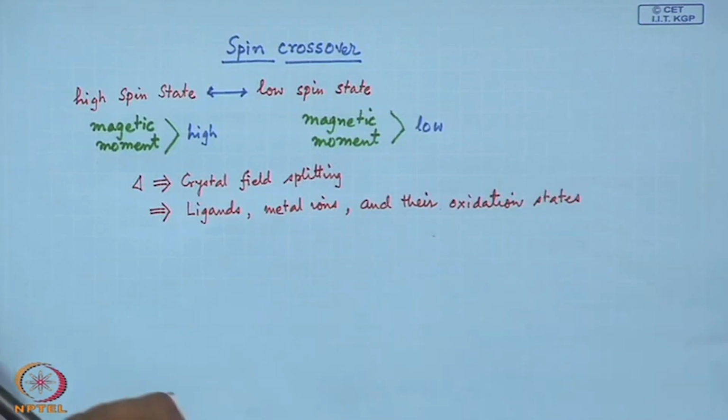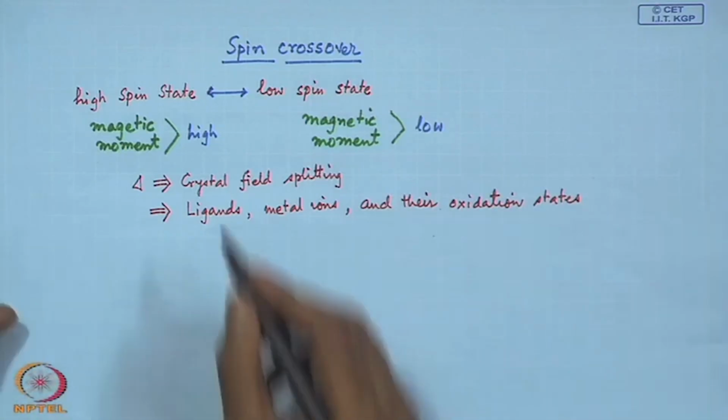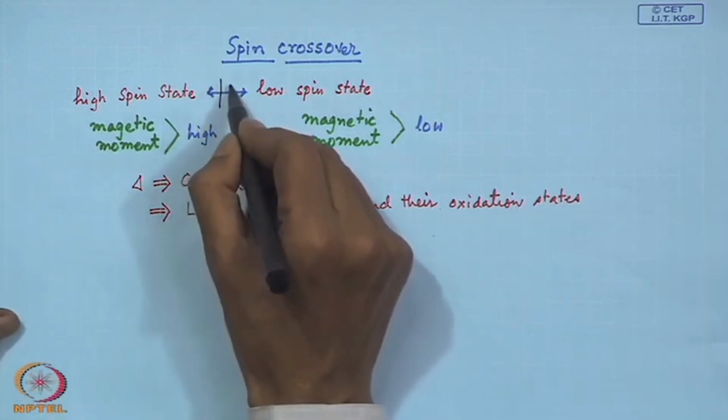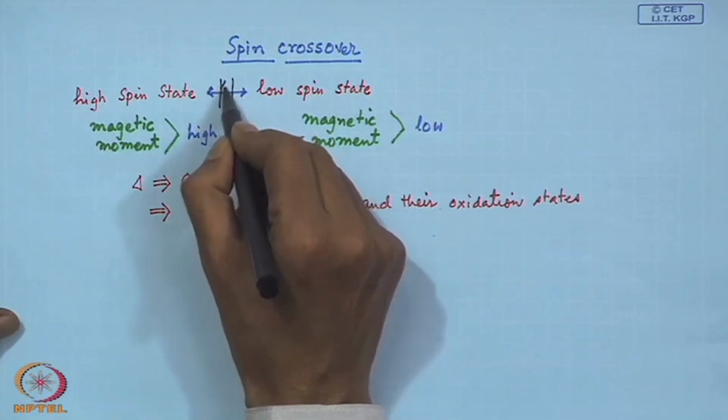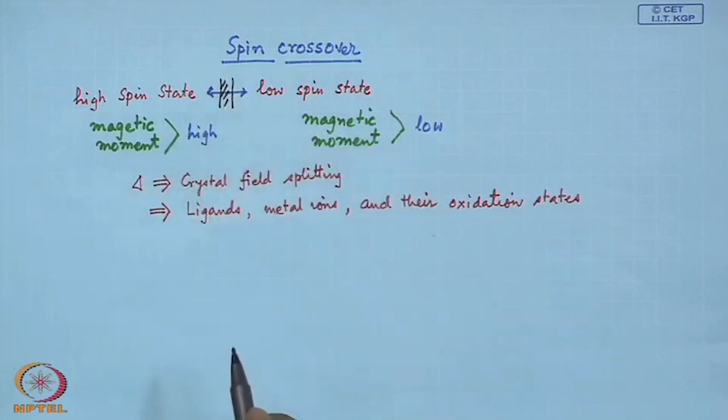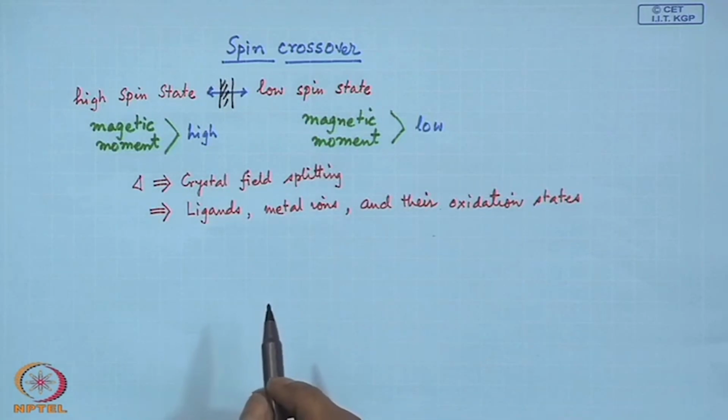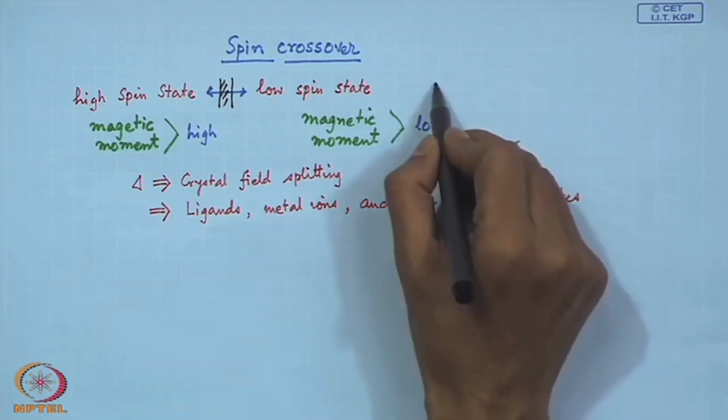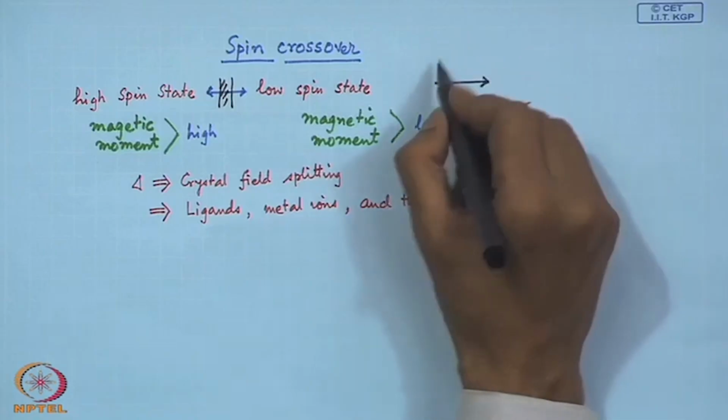They all play some important role and do contribute to the system where we find that at particular region, in this particular region, we do observe the corresponding changeover from a high spin state to a low spin state as we increase the temperature.